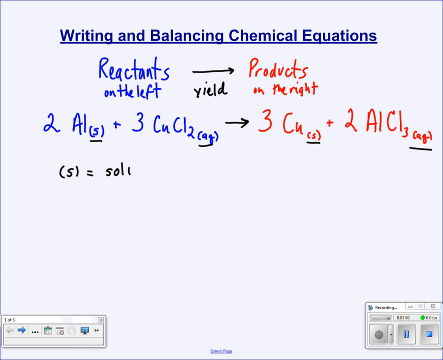If you see an L in parentheses, that means the compound is a liquid. If you see a G, you would expect that the compound is a gas.